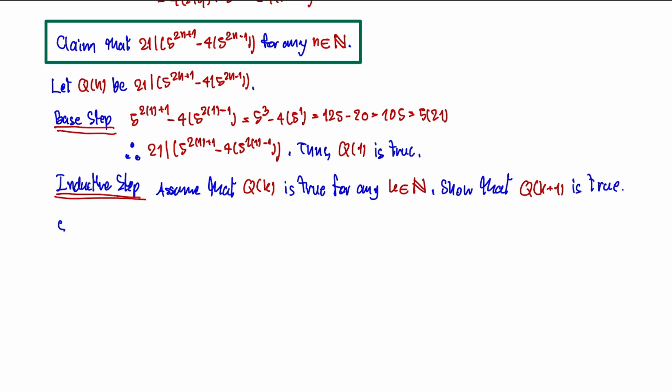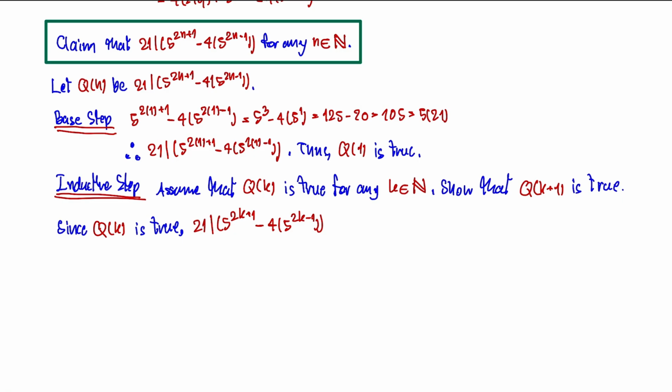Since Q(k) is true, what do we have? We have 21 divides 5 to the 2k plus 1 minus 4 times 5 to the 2k minus 1.